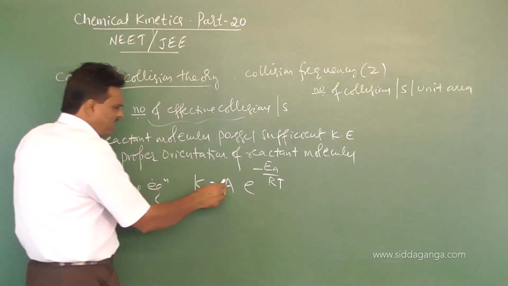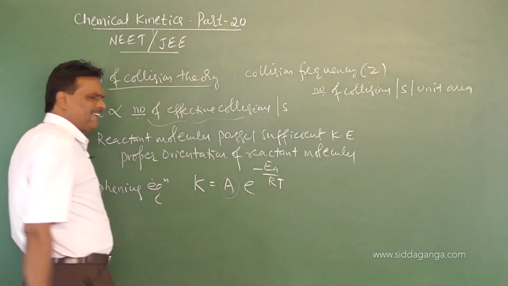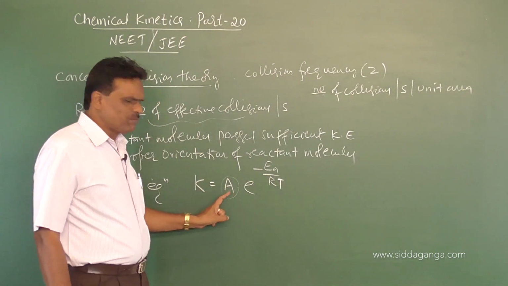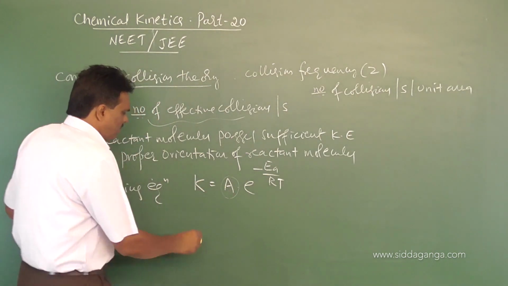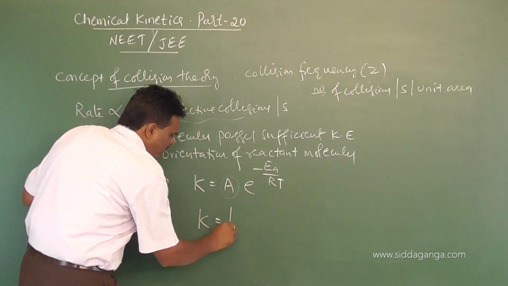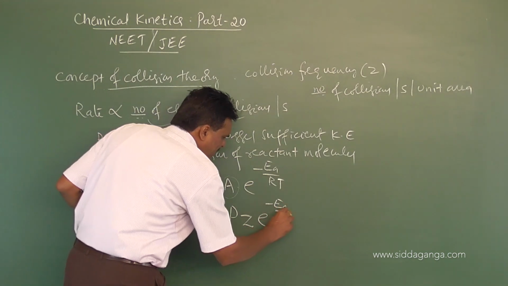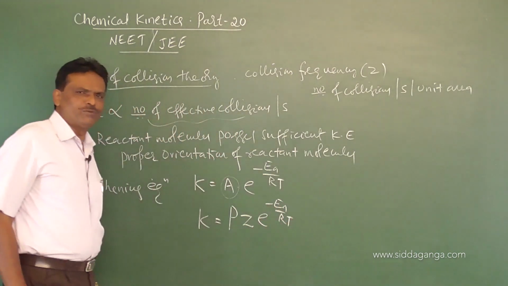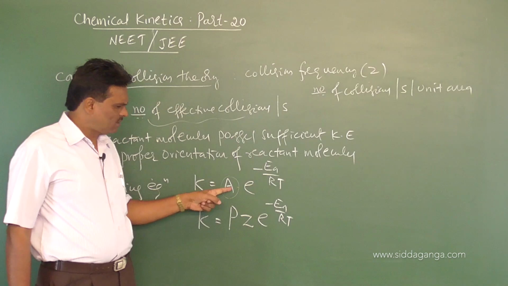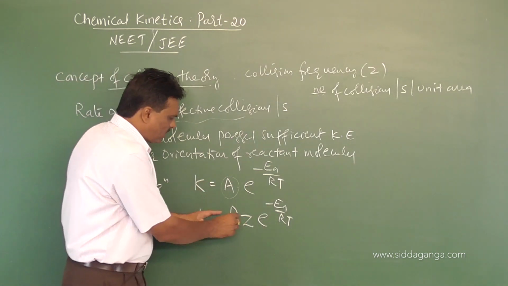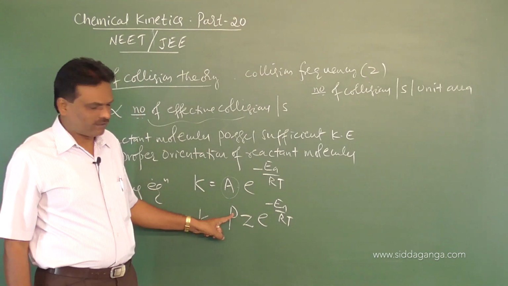We know that A is the Arrhenius constant or frequency factor, which becomes equal to P into Z. So instead of the Arrhenius constant, we can write P into Z, where P is called the steric factor.